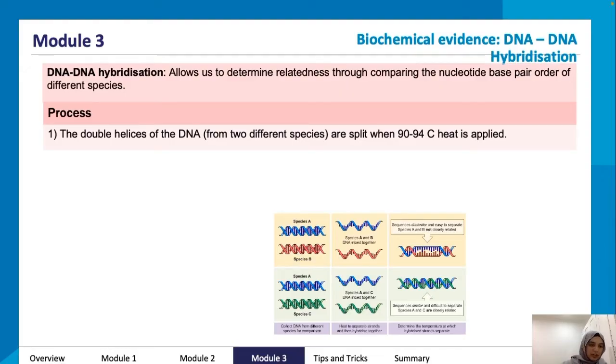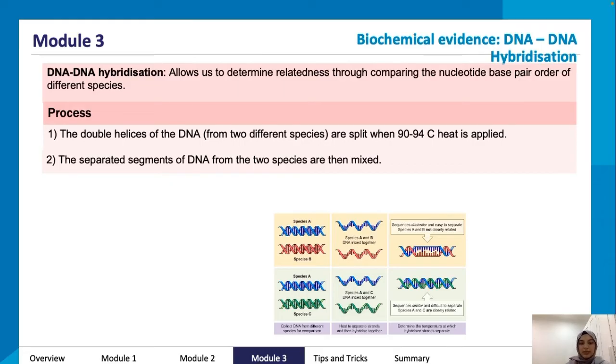Now moving on to biochemical evidence looking at DNA and DNA hybridization, which allows us to determine relatedness by comparing the nucleotide base pair order of different species. What is this process? So we've got the double helices of the DNA from two different species, which are split when heat is applied.